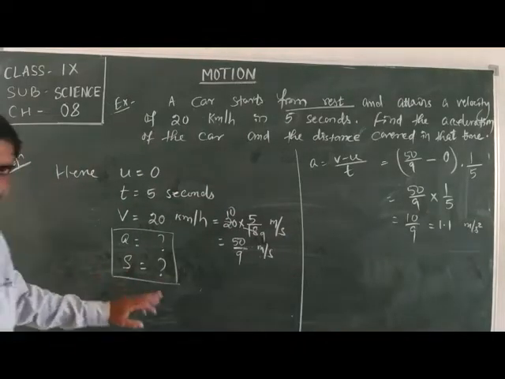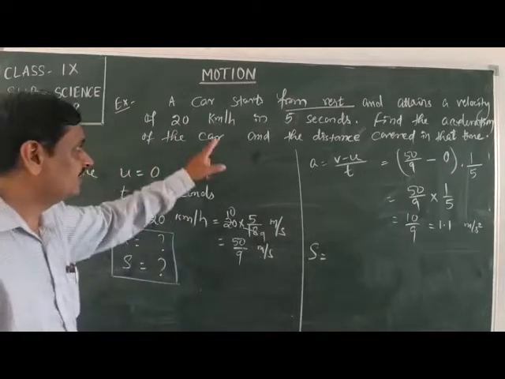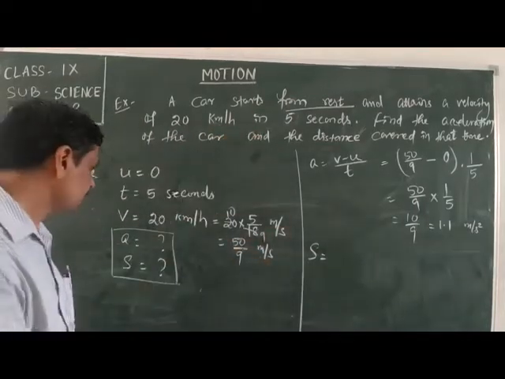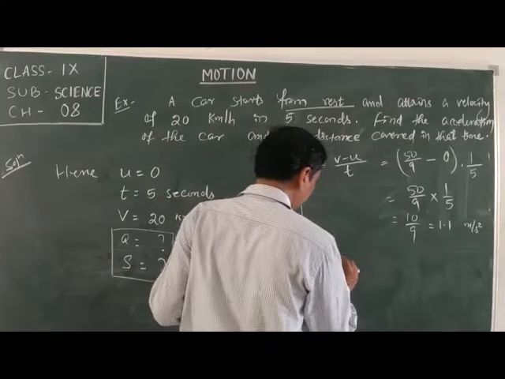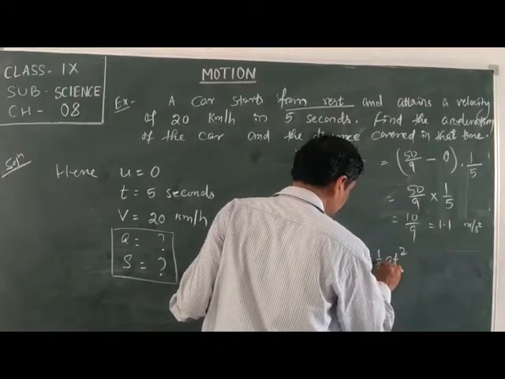Now we have to find how much distance is covered by the car during these 5 seconds. Here s is equal to ut plus half at square, the equation of motion.